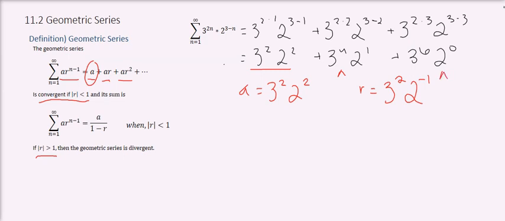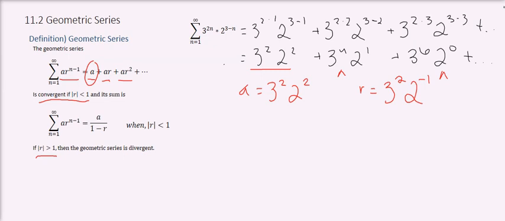Our 3 to the 4th is multiplied by 3 squared to get 3 to the 6th, and our 2 to the 1st is multiplied by 2 to the negative 1 to get 2 to the 0. So this r is multiplied by each individual term, continuing on into infinity for our series. So this pattern of multiplying by r will continue on forever.